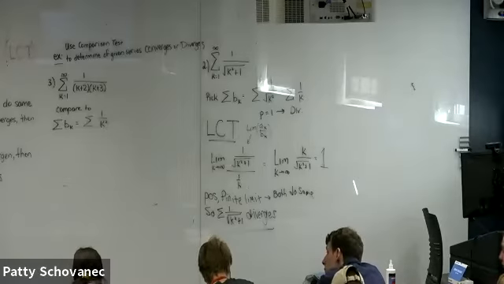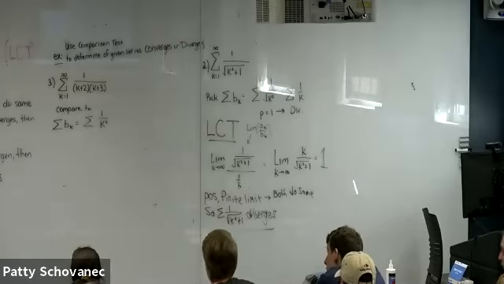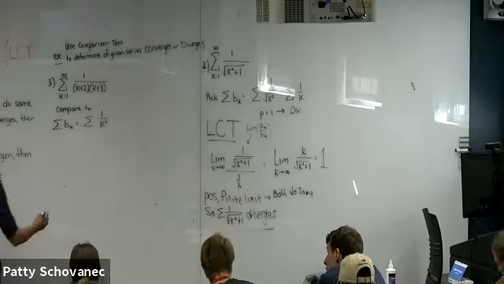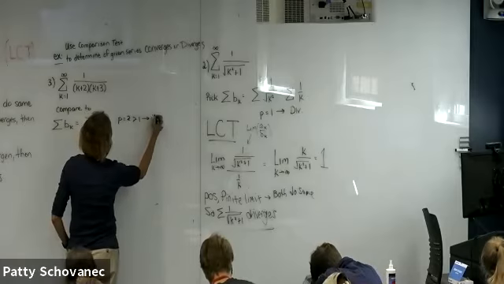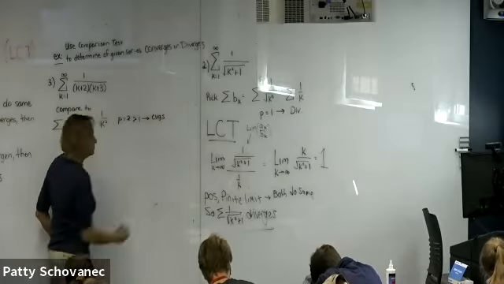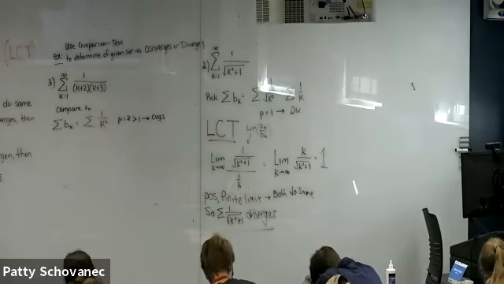Does that particular series that I compare it to converge or diverge, and why? It converges because it's a p series, and p is greater than 1, so this one converges. Is the given series smaller than a convergent series?